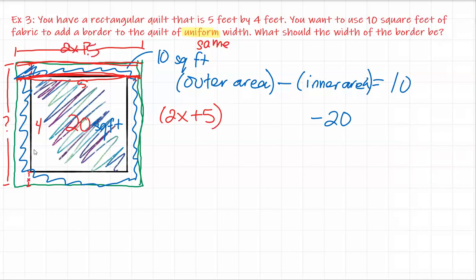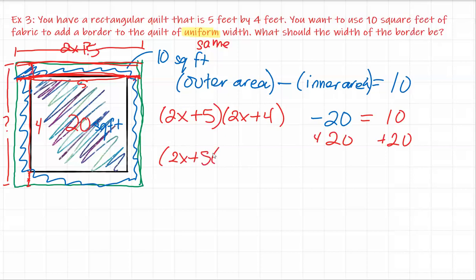Can you guess what this one is? 4 plus x plus x. So 2x plus 5 times 2x plus 4 minus 20 equals 10. Okay, let's make our life easy for now. Let's add the 20 over to this side. So I get 2x plus 5 times 2x plus 4 is equal to 30.